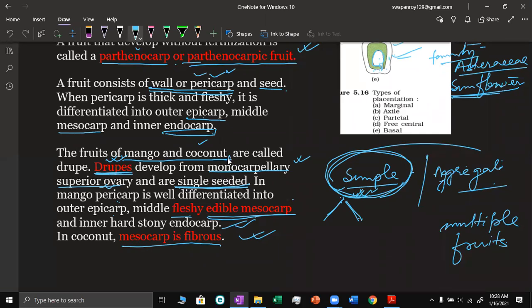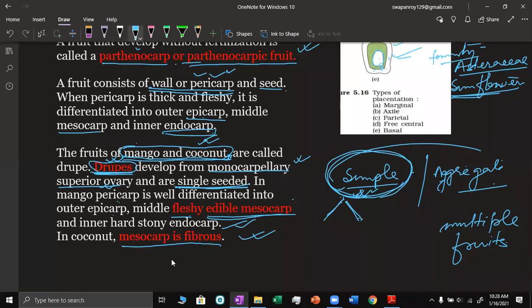But botanically, whatever is a mature ovary, that is fruit. Fruit may form a vegetable in some cases, in some cases it is fruit that we use. So in terms of botany, the coconut and the mango are in the same group, and they are drupe.